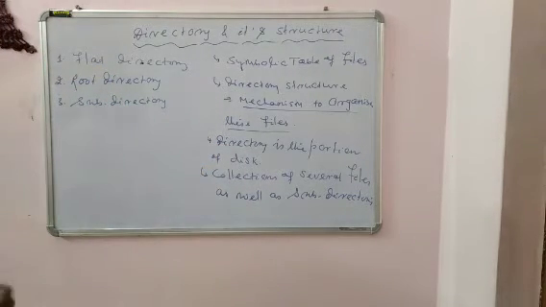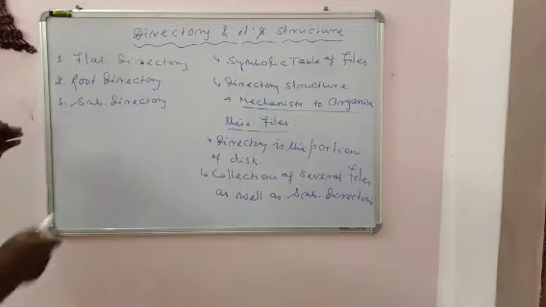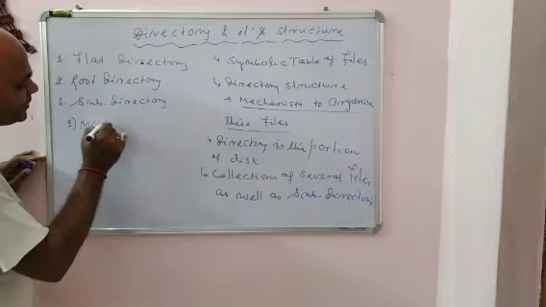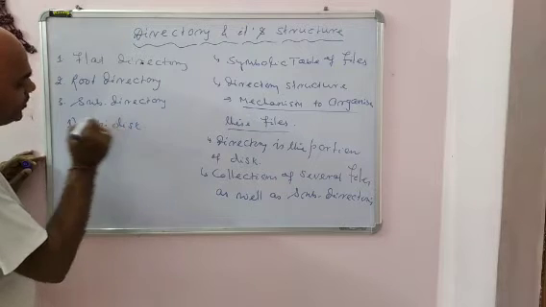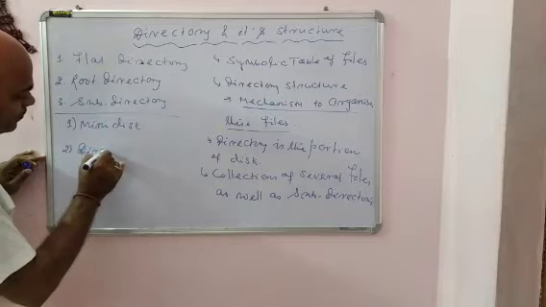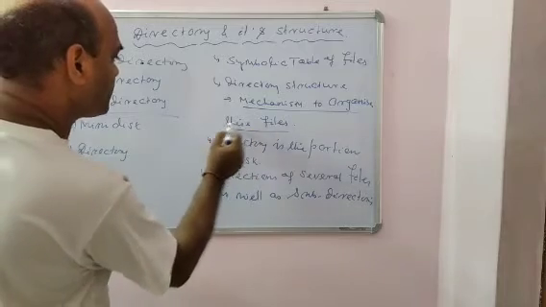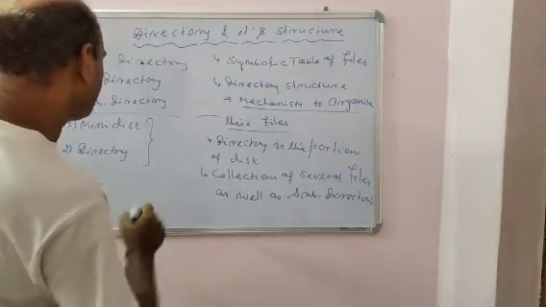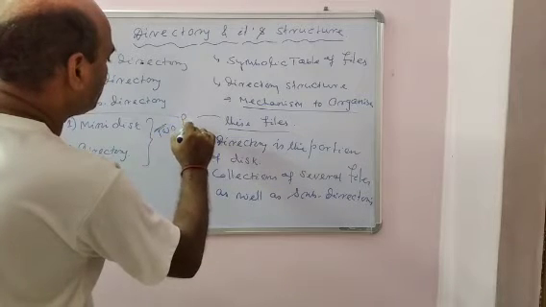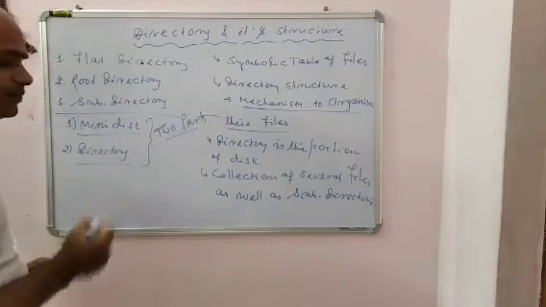The organization has two parts. One is your mini disk, another one is your directory. If you consider file organization in an operating system, there are two important parts: one is the mini disk, another the directory.